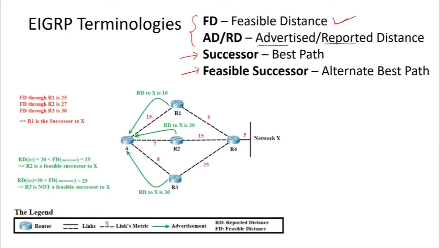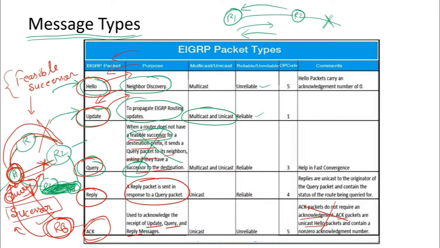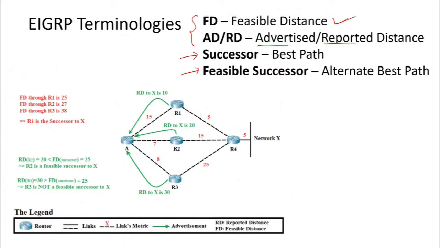So let's try to understand what actually they are, what is the feasible distance and what are the AD and RD values. For that, I have just copied an image from the internet. I don't know from where, I forgot it, but I did it.